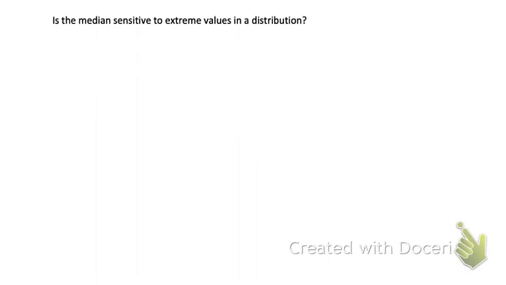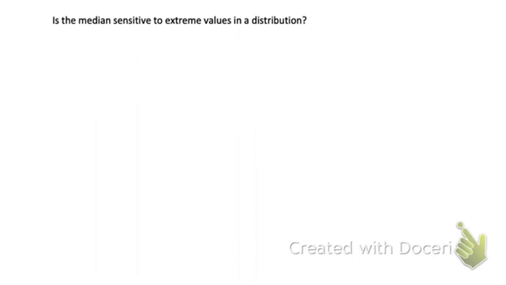Like 35 values is still a pretty small set of data when we normally work with populations in the thousands. Think about if we had 1,000 people's data. Would taking one value off of an end change the median very much? No. Probably not. The median is not usually sensitive to extreme values in large distributions. A little bit in smaller distributions, but not very much.